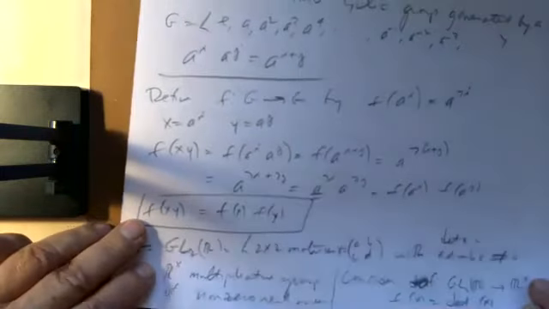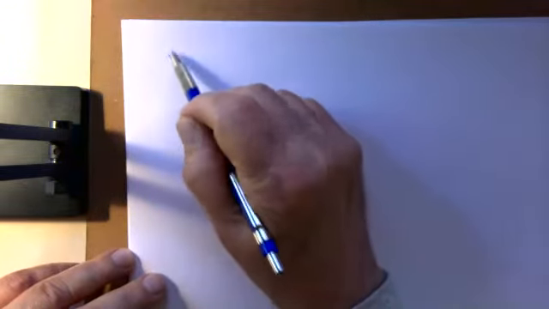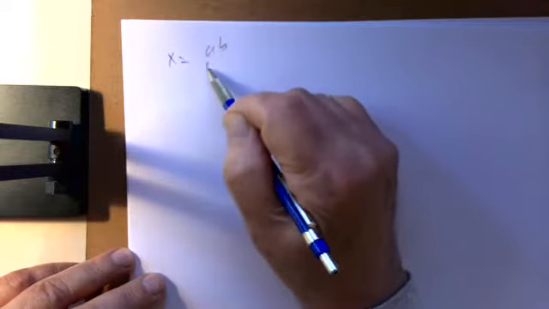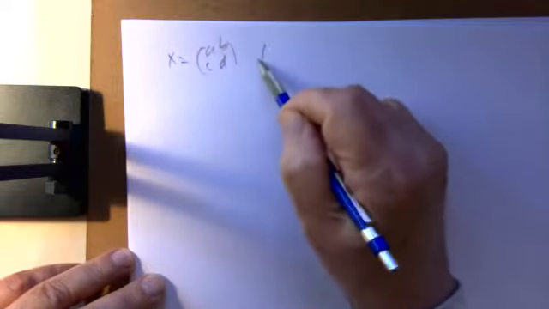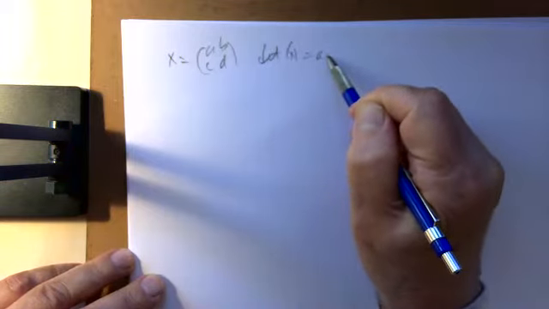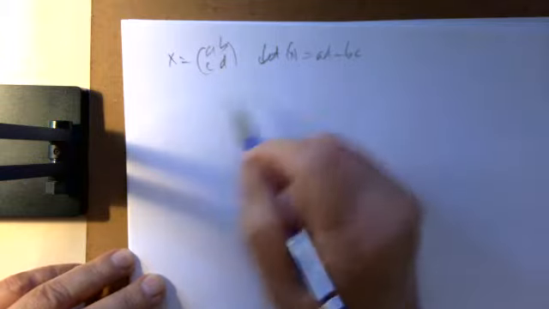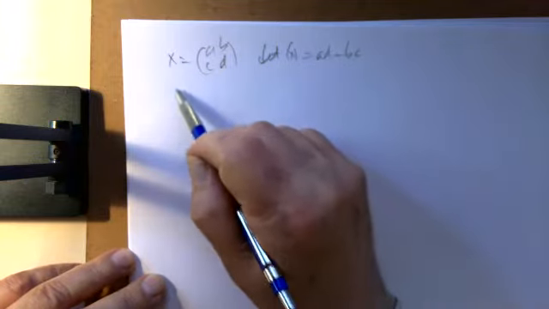So the determinant is a homomorphism, and that's what we had proven when we were studying matrix groups. If you have X equals [A, B; C, D], the determinant of X is AD minus BC. And this is multiplicative.